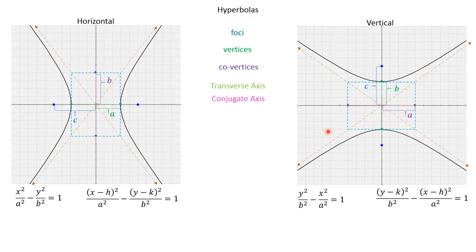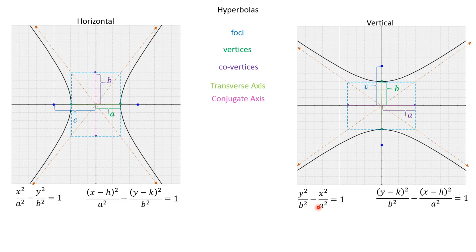And so that's the important thing. Because other than that, we're going to graph these identically. If we had this equation but it was y squared minus x squared, the box would be the same, the asymptotes would be the same. We would just graph it up here and down here instead of in the horizontal areas.